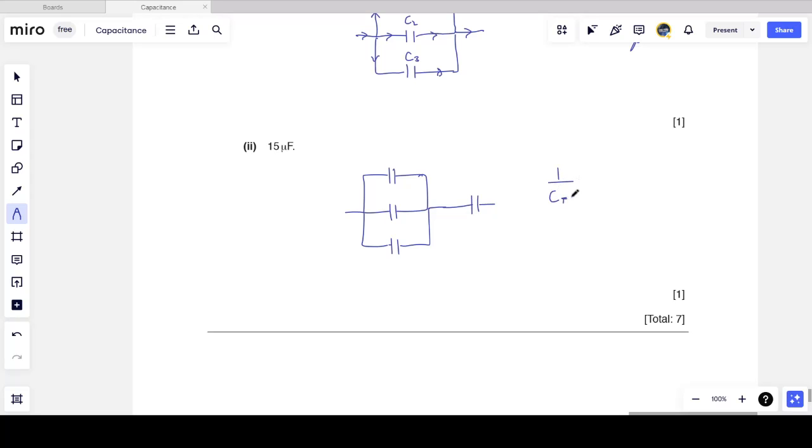So 1 over the total capacitance is 1 over 60, which is the equivalent capacitance of the branch, plus 1 over 20. And what this means is that the equivalent capacitance is 15 microfarads as required.